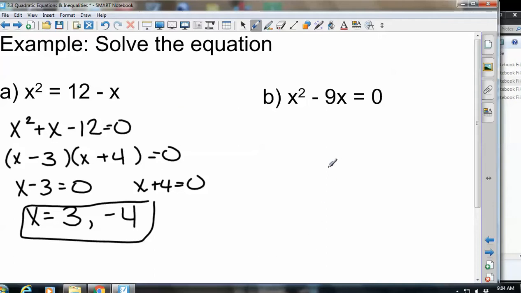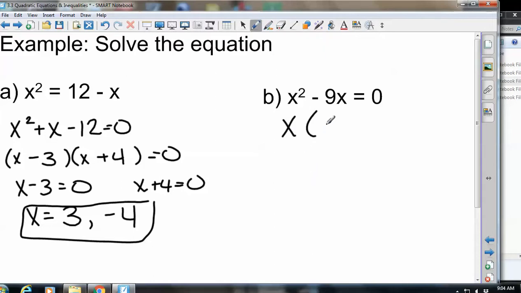What do I need to do here? It's already equal to 0, so I don't have to do that. Factoring, can I do box method on this? No, I don't have 3 terms. What can you do? You don't even have to do a difference of squares because 9x is not a square. If it were just x squared minus 9, we would do difference of squares.